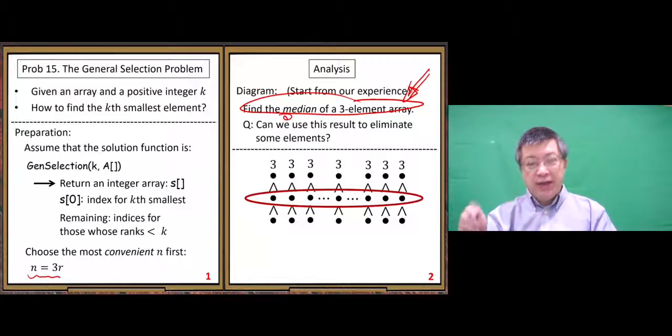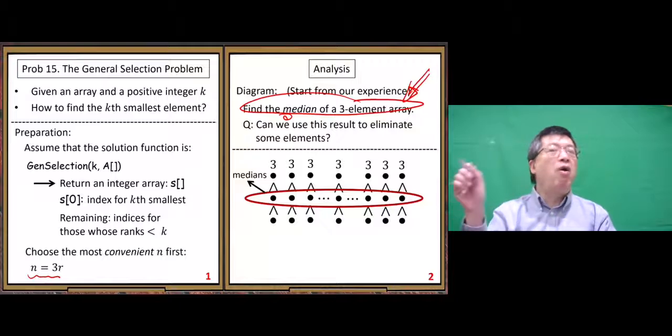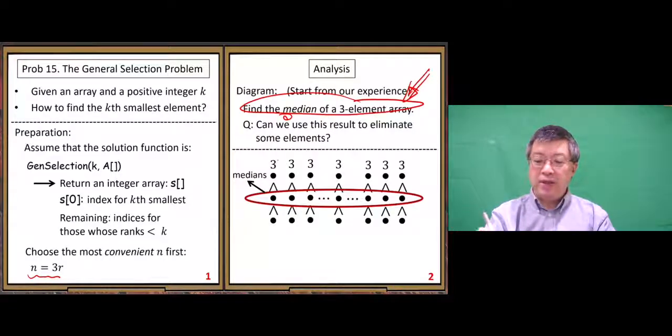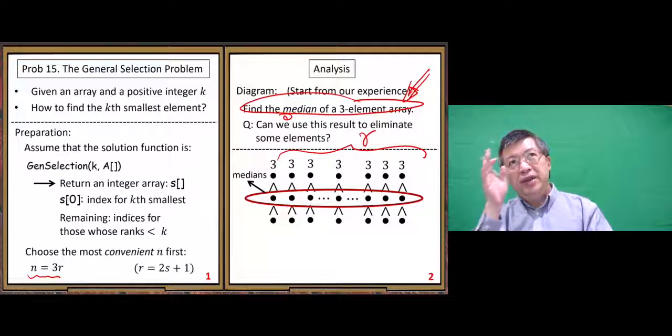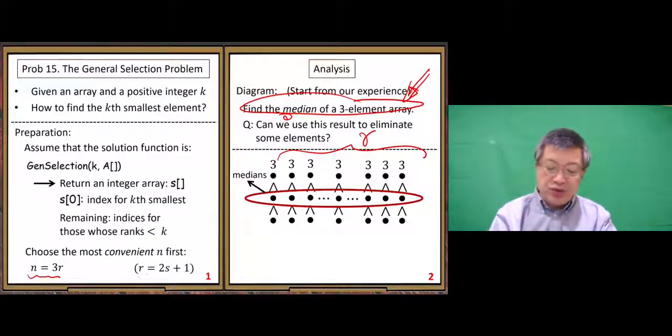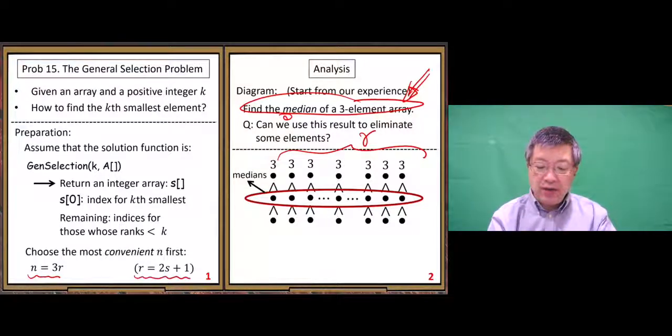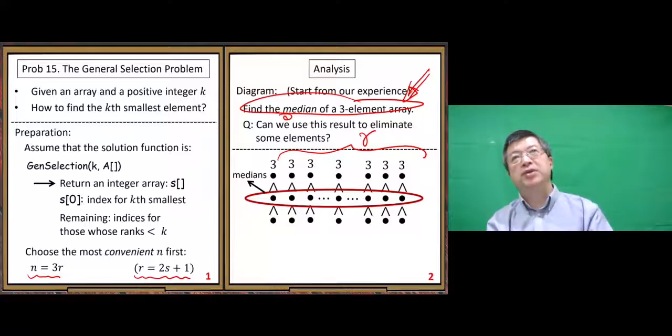Next, this middle row is very special. This middle row is all medians. The medians of all r groups. There are r groups. But to make it easier for us, we like to choose r equal to an odd number, 2s plus 1.